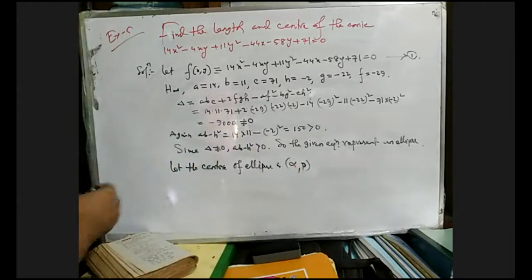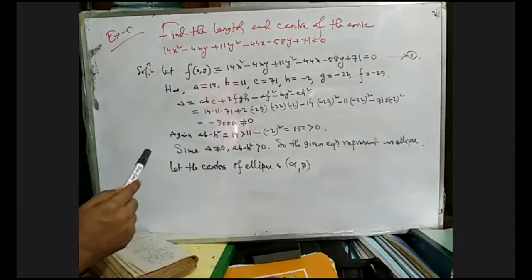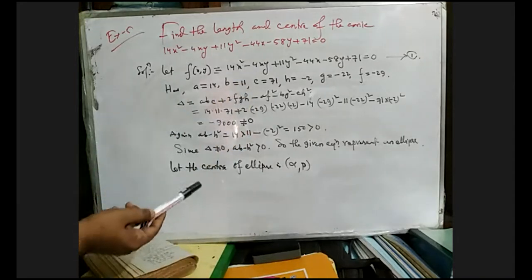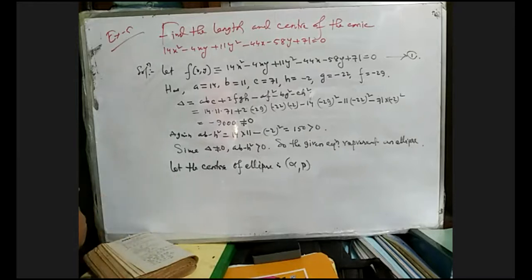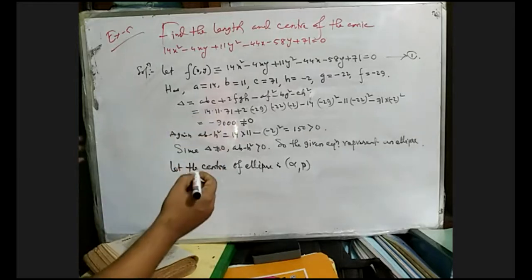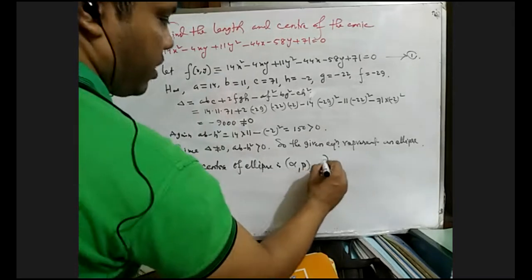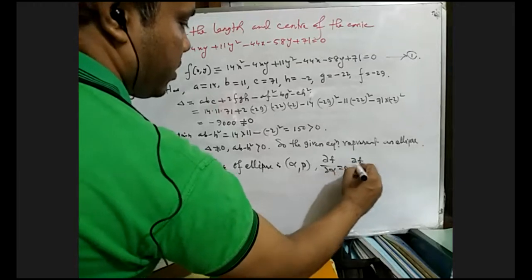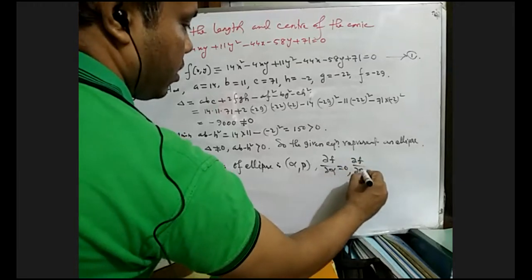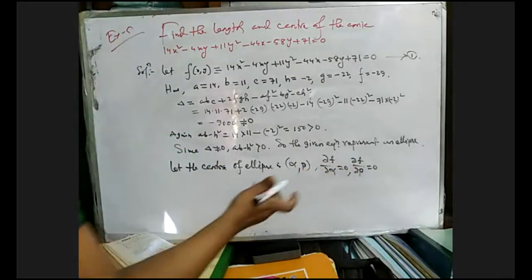So since alpha beta is the center of this equation 1, replacing x by alpha and y by beta, then taking partial differentiation with respect to alpha to set the condition for finding the center. That means del f del alpha equals to 0 and del f del beta will be 0. After solving this, we get the center actually.